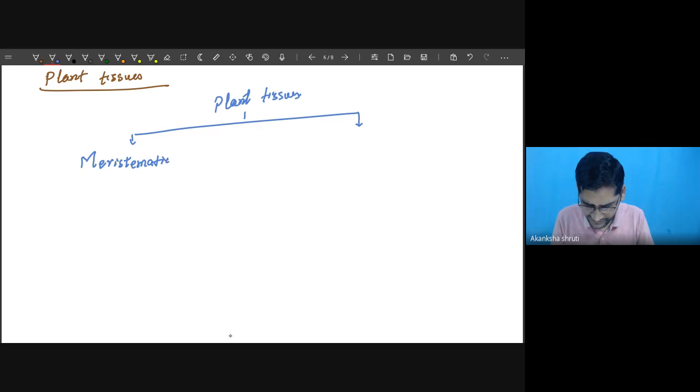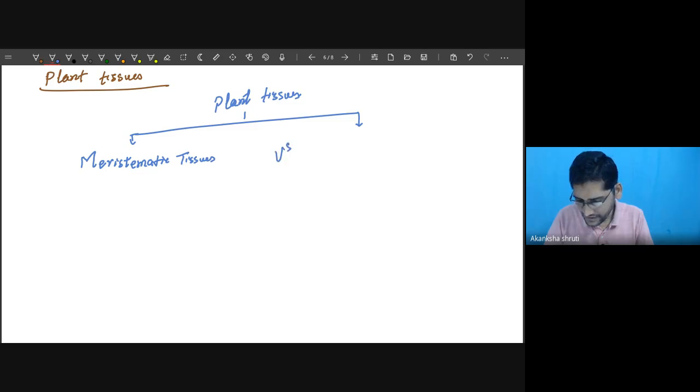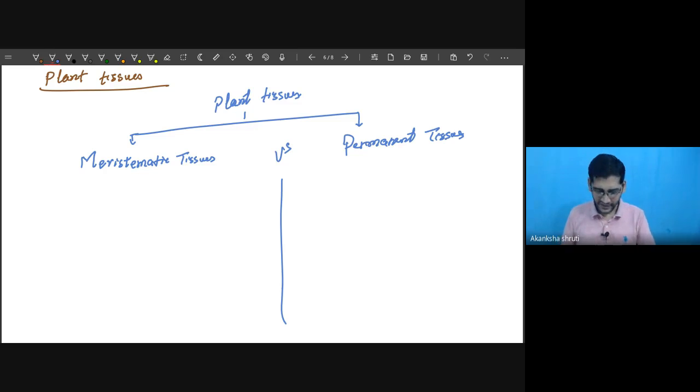Meristematic tissues versus the other one that we will learn, the permanent tissues. So what is the broader difference? Students, the broader difference is that these are growing tissues.